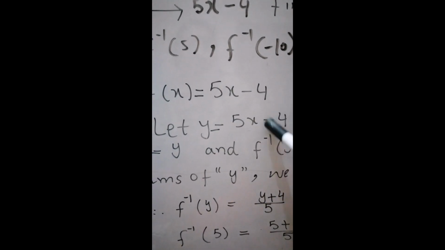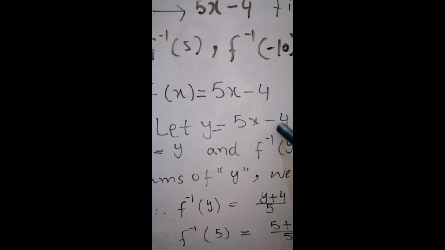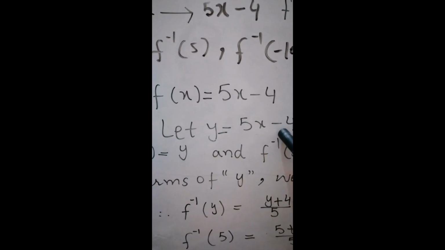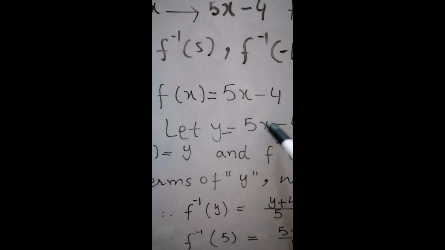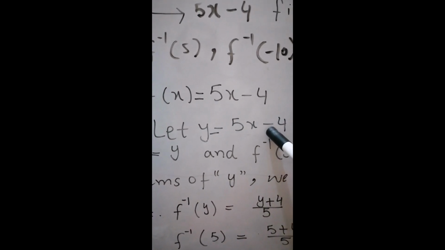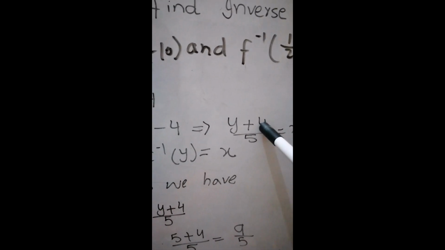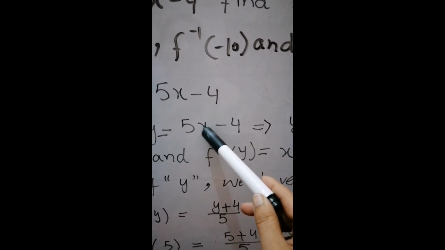Now first of all, transfer minus 4 from the left hand side to the right hand side. And you know, whenever we transfer a term, the sign will also change. So minus 4 will move to the other side and it will become plus 4. Y plus 4, and here we have 5x.